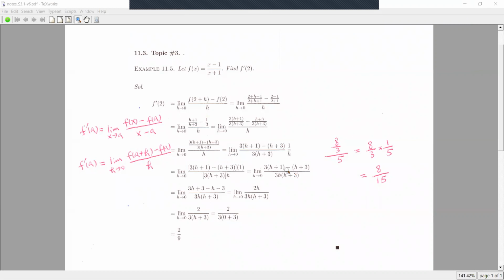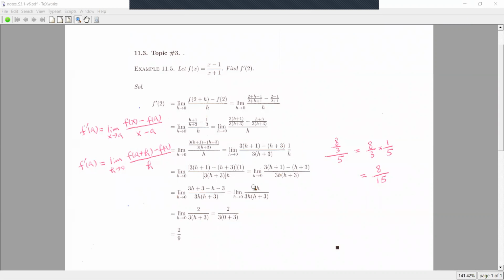Now, distribute the negative sign here to h and to the number 3. Distribute the number 3 here to h and to 1. Then we have this equation. Now, cancel the number 3 and cancel 1h. Then we have this equation.